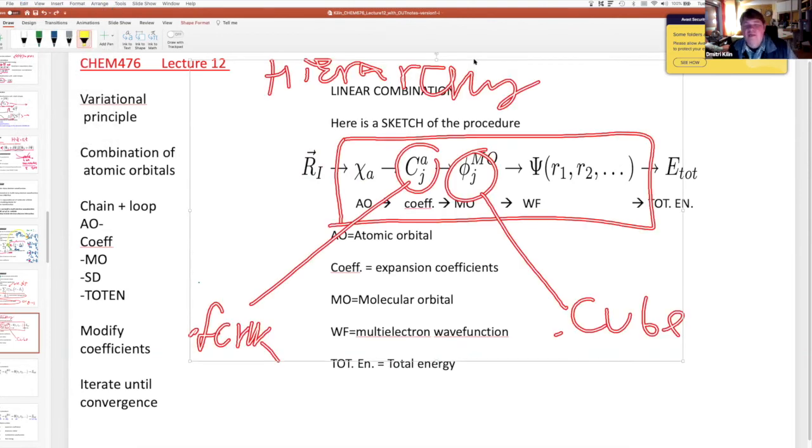Yes. So this C sub uppercase A lowercase j is stored in the .fchk, the formatted checkpoint file that you are using to build orbitals. And this phi sub j molecular orbital is what you store in the cube file. Okay.